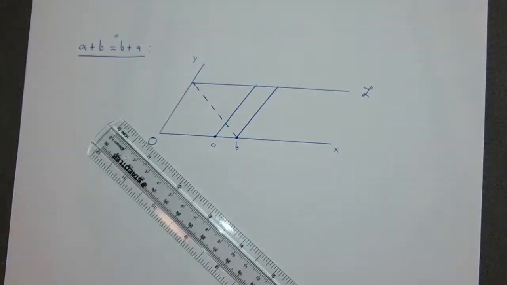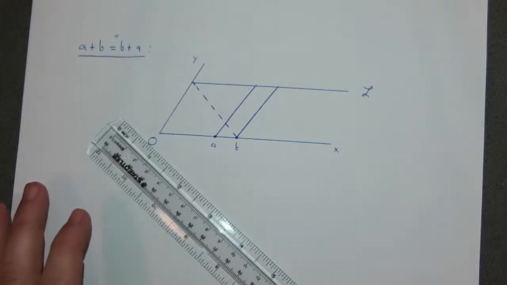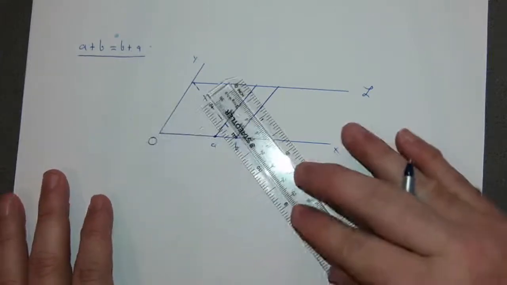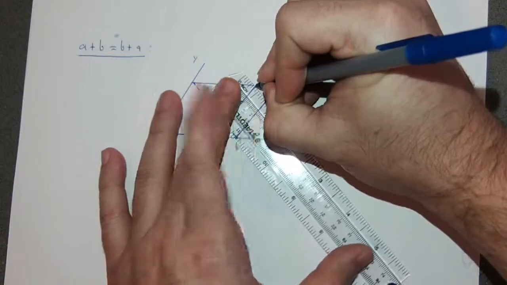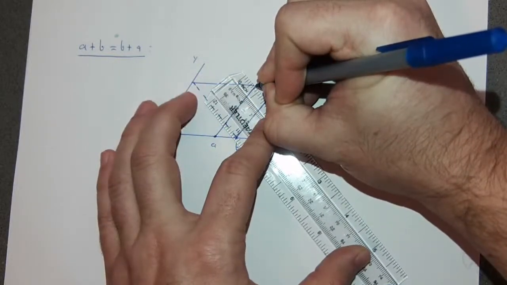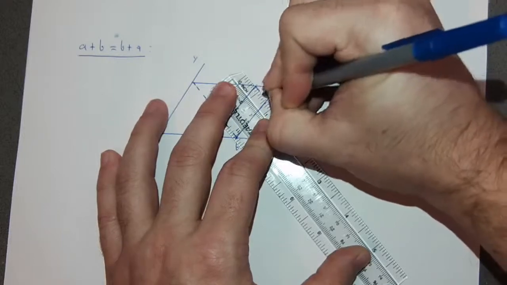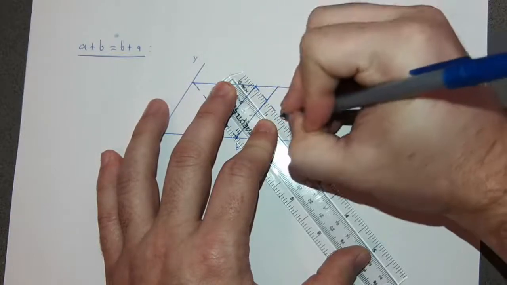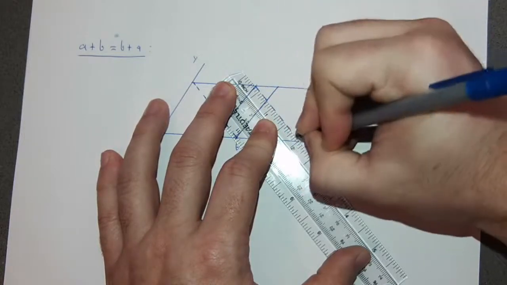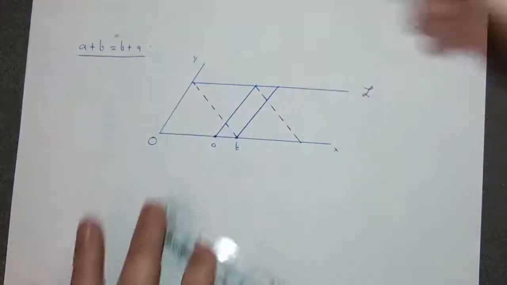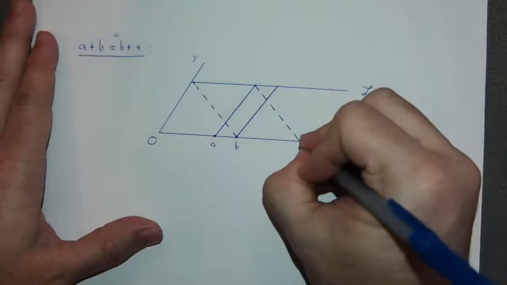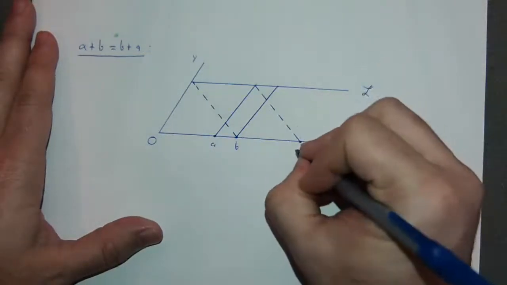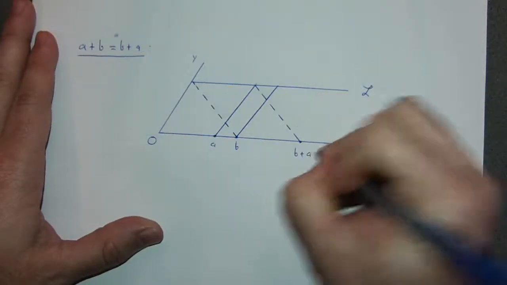And then I would use the dashed line from A that is parallel to this thing. And that point is B plus A, right?